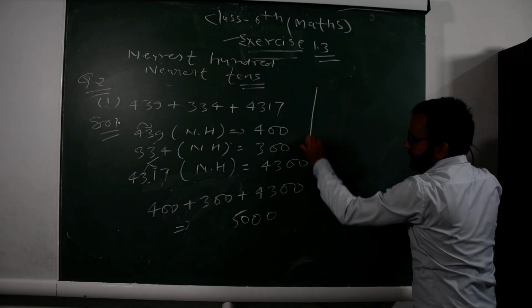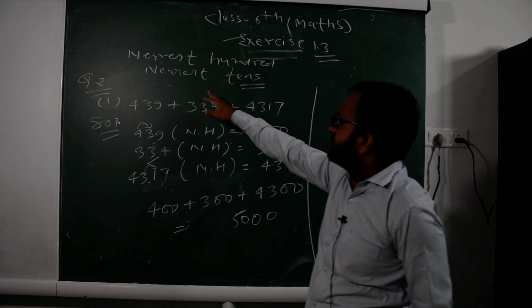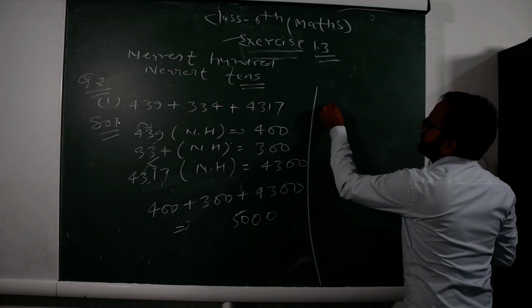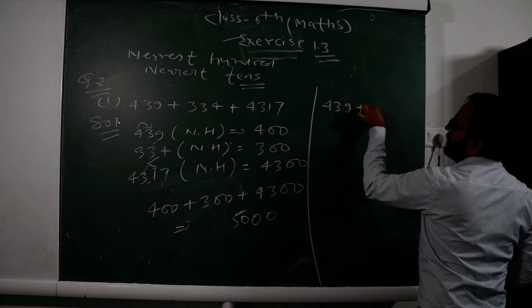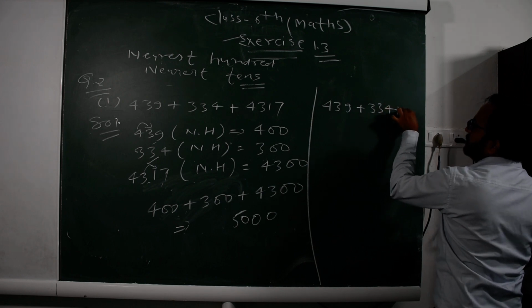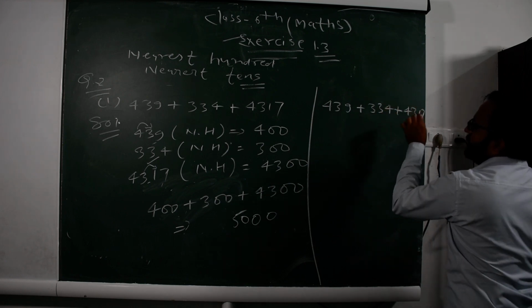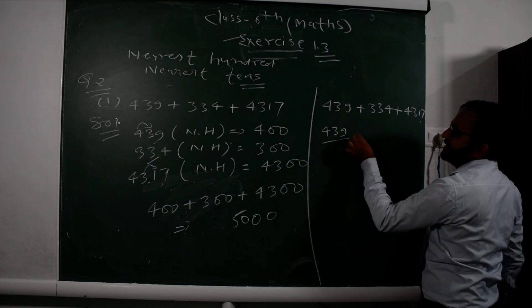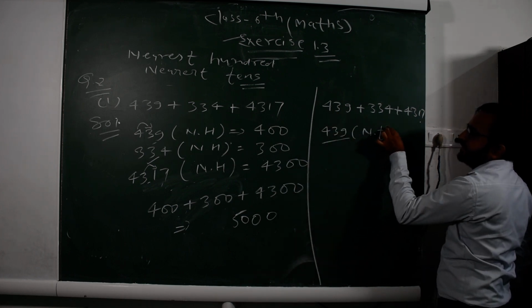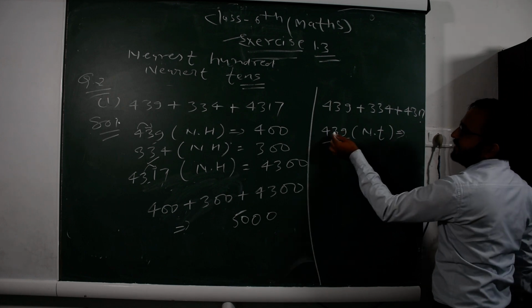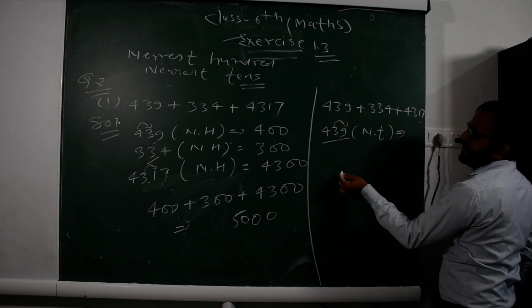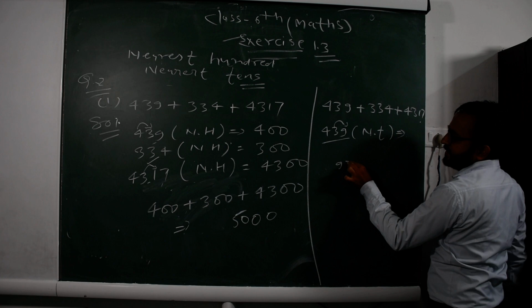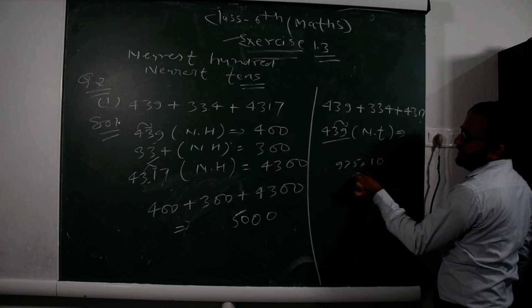Same as we solve this question nearest tens. First we take 439 nearest tens. The value is 9, which is greater than 5, so we consider 10.